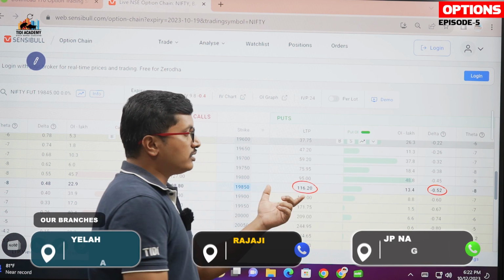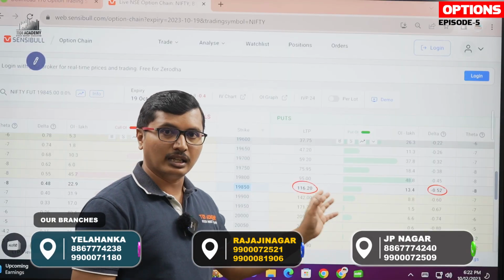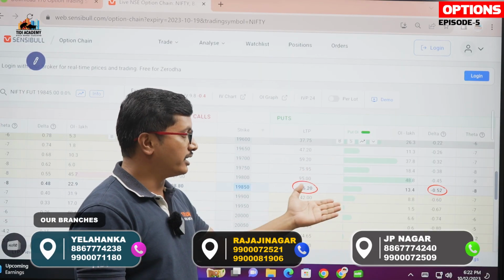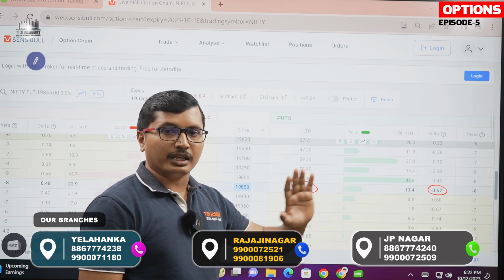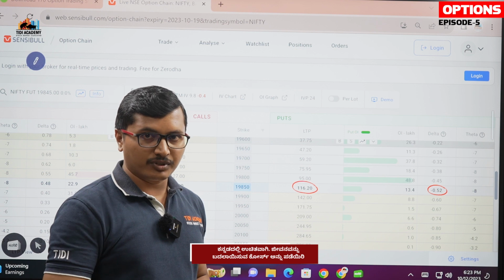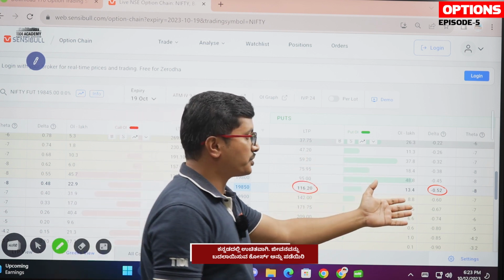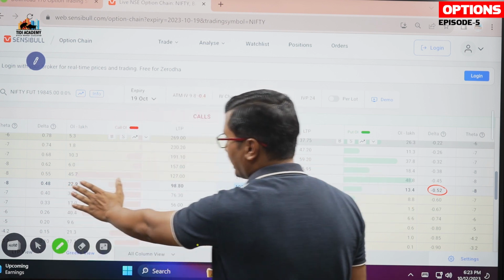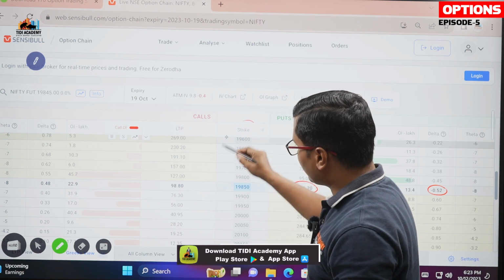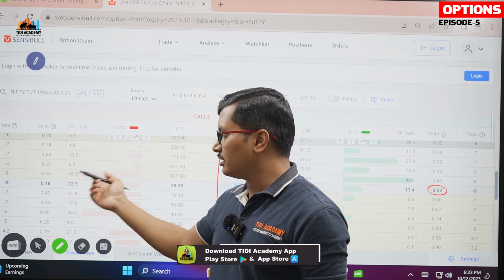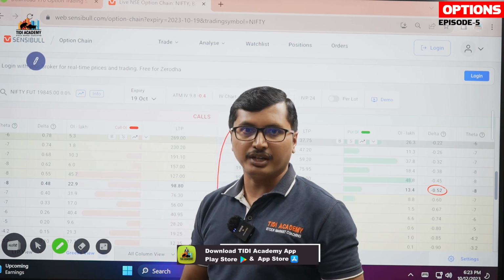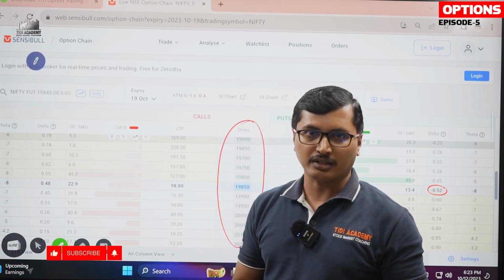In this option chain the data is completely dynamic, not static. If the market is moving in any direction, on the put side and call side, every piece of data except the strike price varies and depends on the market direction.